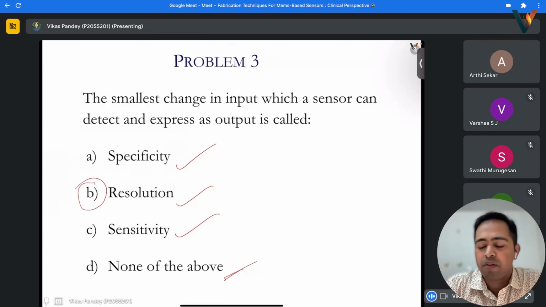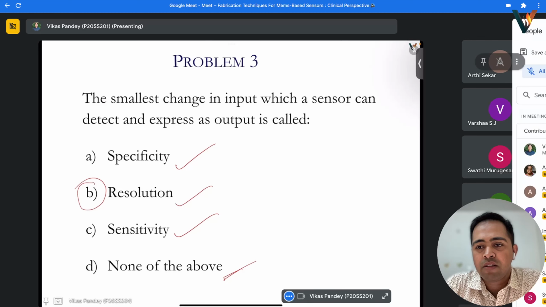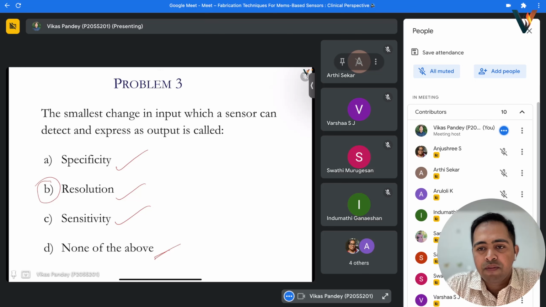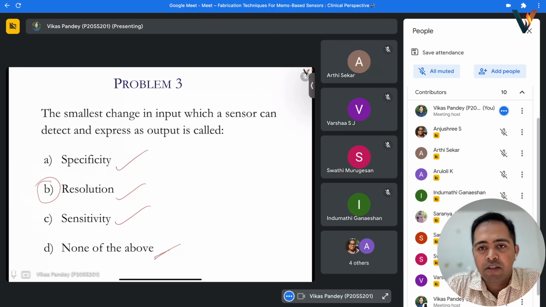Okay, BMA means. Okay, great. And Swati, yeah, you can unmute and respond.